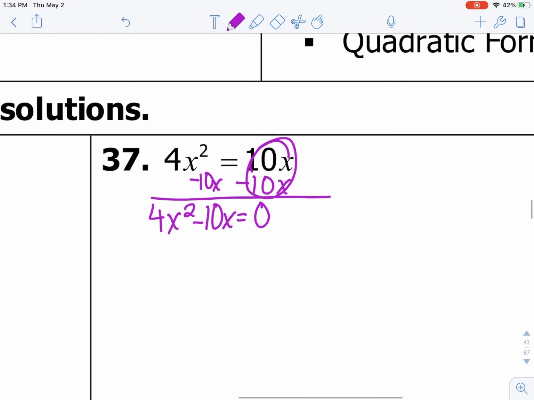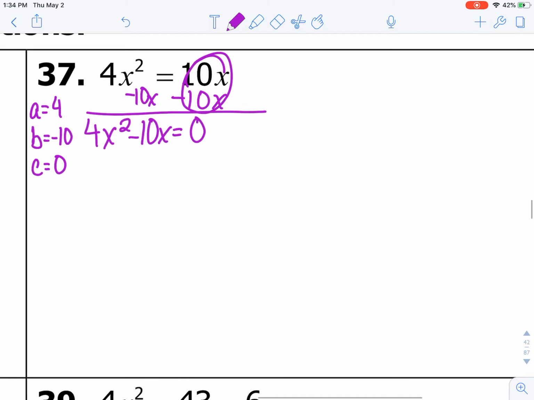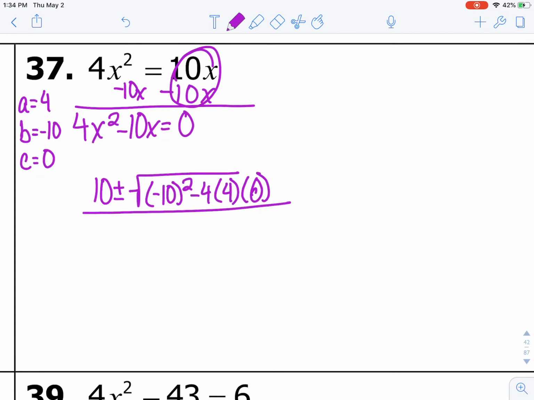So my A, my number attached to x squared, is 4. My B is negative 10. And I don't have a C. I didn't have any constants by themselves. So negative B, the negative version of negative 10, is positive 10 plus or minus the square root of B squared minus 4 times A times C all over 2A.